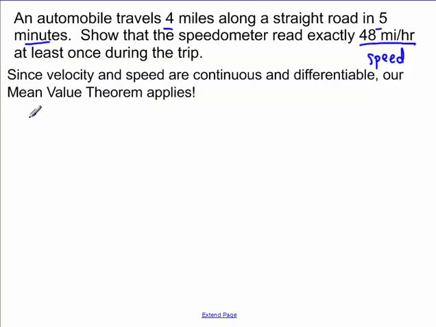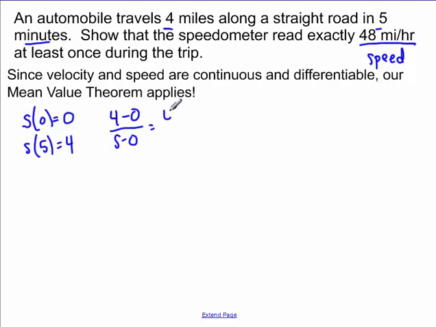Okay, well, let's look at this. Our position at 0 is 0 miles. Our position after 5 minutes is 4 miles. So let's find this rate. 4 minus 0 over 5 minus 0.